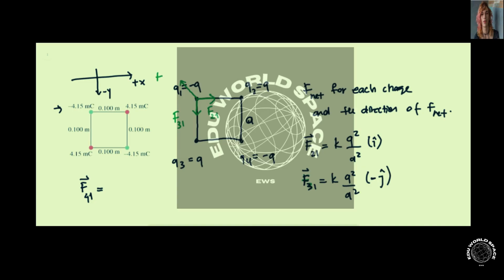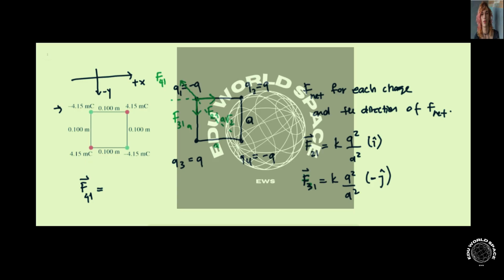So this is the direction of F41. Now, I drew it at an arbitrary angle. From geometry, you can figure out what that angle is. First of all, the distance between the two happens to be the hypotenuse of a triangle that has sides of length A. So A squared plus A squared, square root of that, A square root of 2, is the distance between Q1 and Q4.